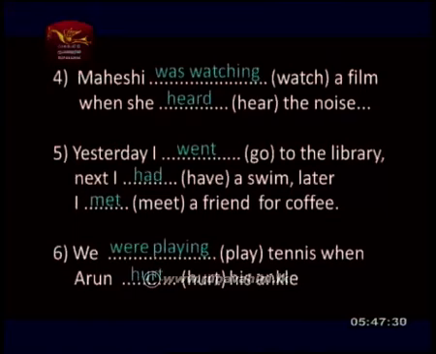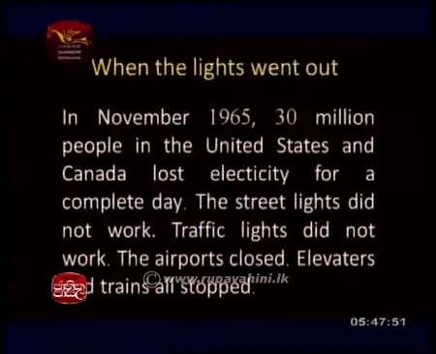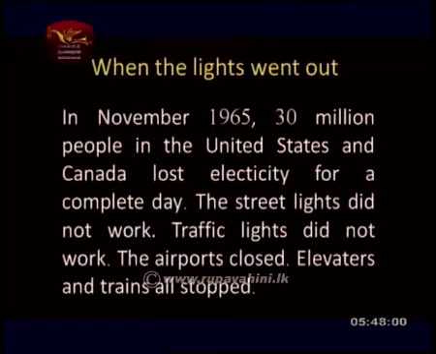Right. Now, dear students, shall we go back to the story that we read again? Yes. When the lights went out. In November 1965, 30 million people in the United States and Canada lost electricity for a complete day.